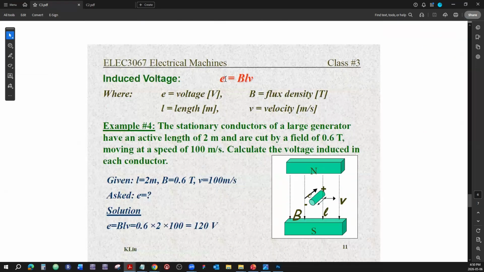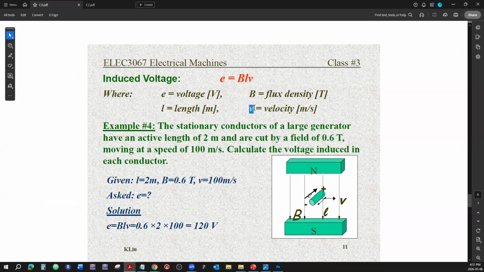Induced voltage, E here. What do we have for example here? E equals B, which stands for the flux density, the strength of the magnetic field that's cutting across the area we care about, then the length of the rod and the velocity.